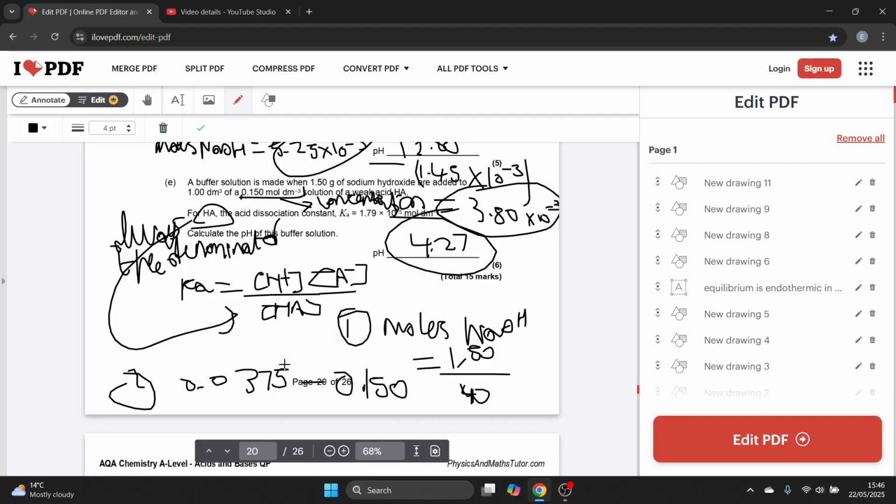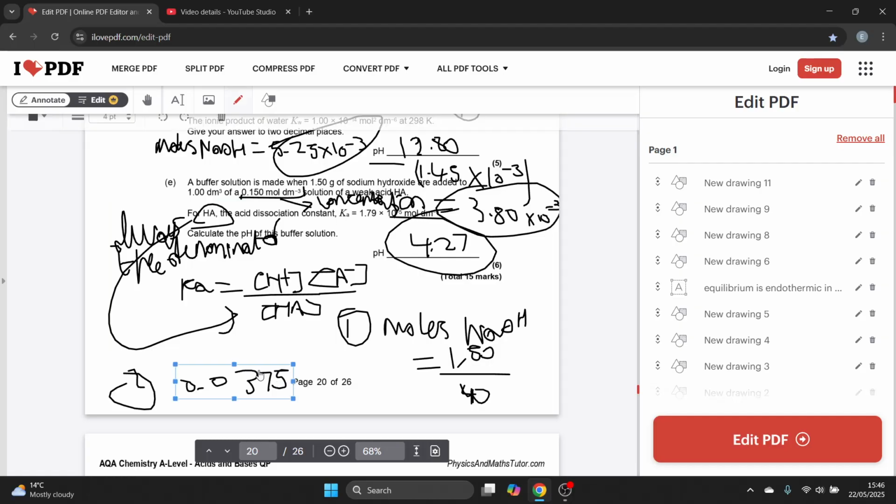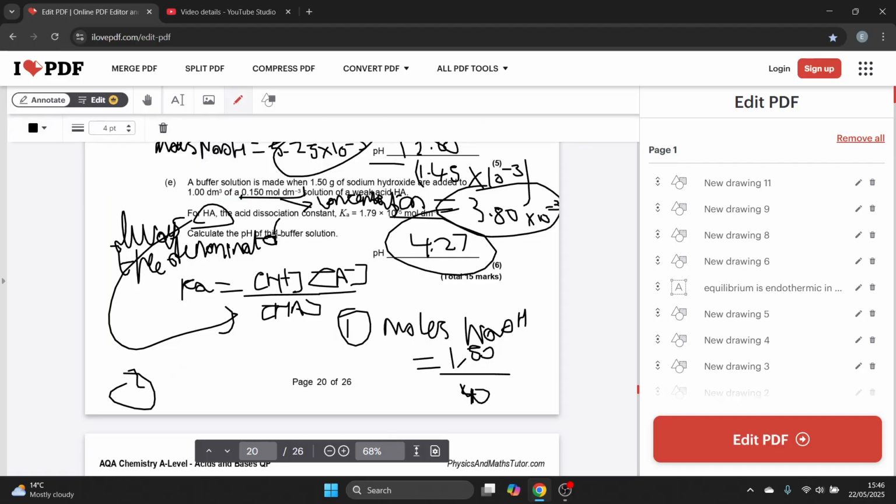Oh no! I've done it the other way around, because you always do it from whichever is in excess. So obviously the acid is in excess. So then I'm minusing the 0.0375. Yeah, because this is in excess, which is the weak acid, and it's reacting with these hydroxide ions.